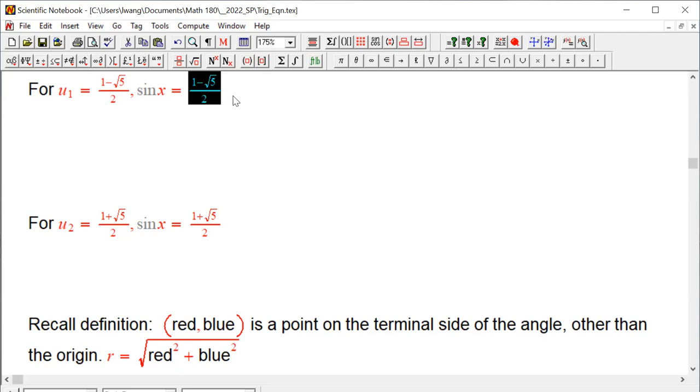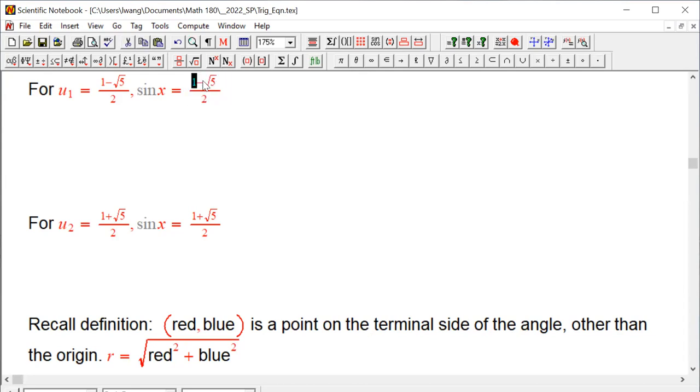So how about this number? Well, if you like to estimate like I do, I think this number is inside the range. This is a negative number, right? Because negative root 5 is larger, in absolute value, than 1, the numerator is going to be negative.